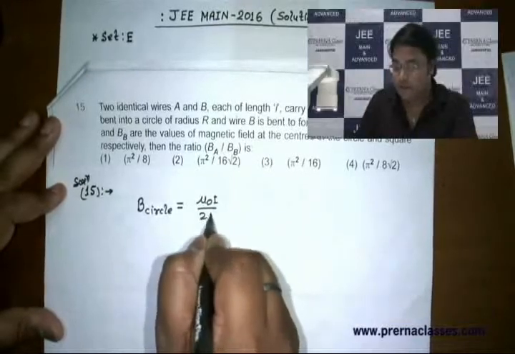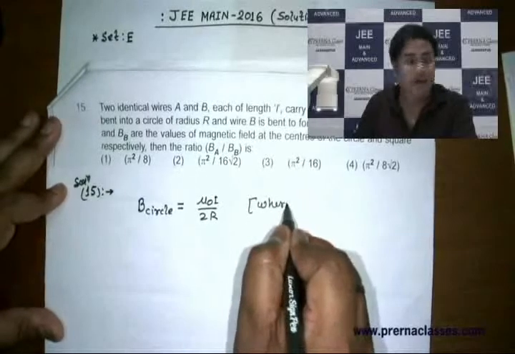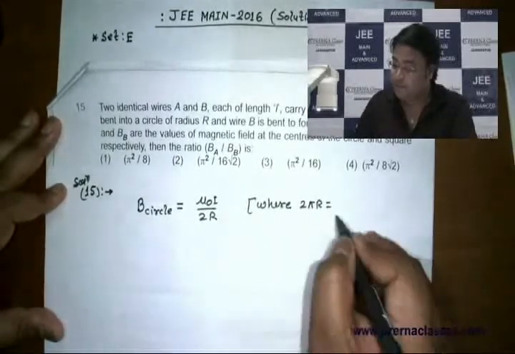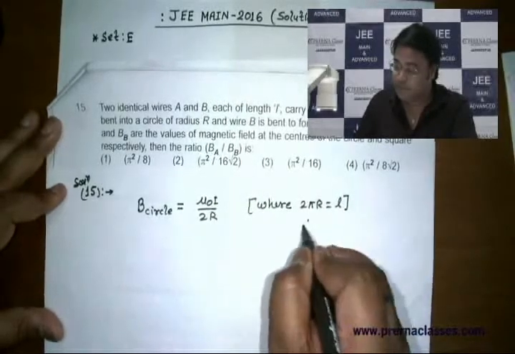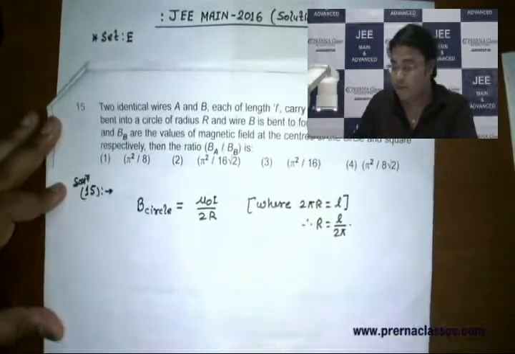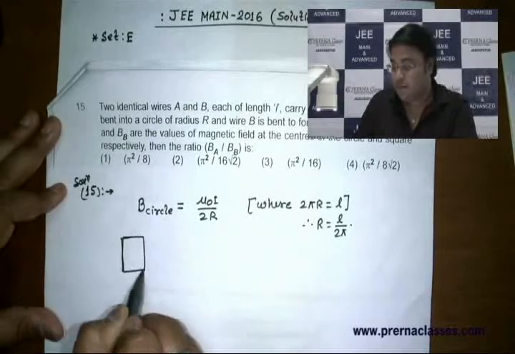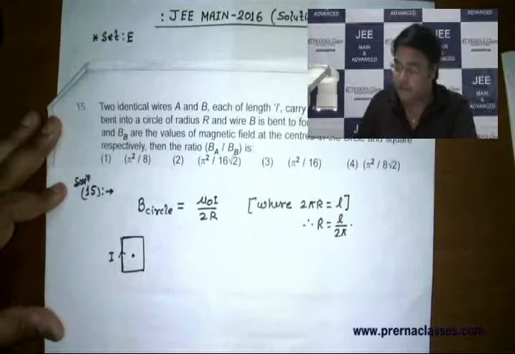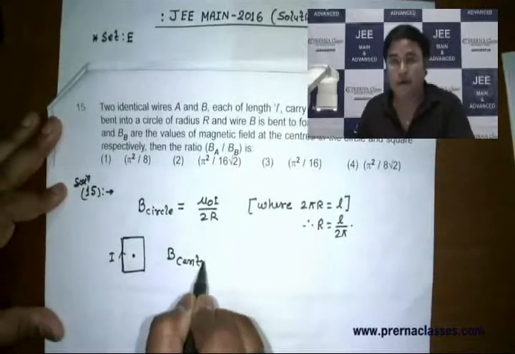To reduce its energy loss, its resistivity should be low. Okay, so correct option is 4. Clear?